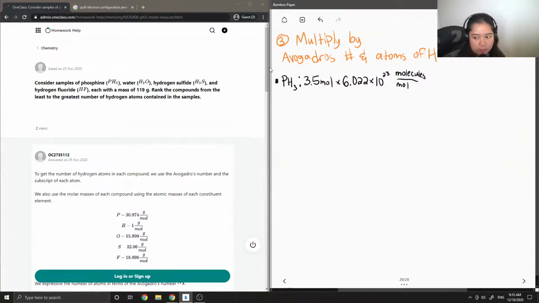And as for the number of hydrogen atoms, there are 3 H atoms in one molecule. So the moles will cancel out, and for phosphine we get 6.33 times 10 to the 24 hydrogen atoms.